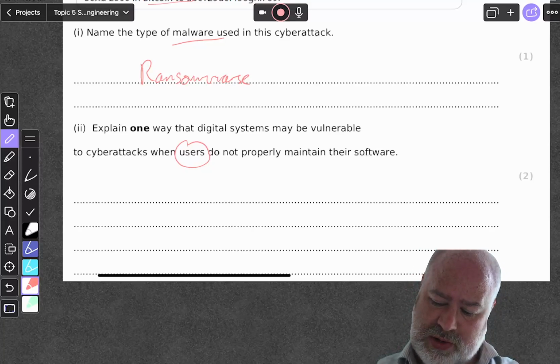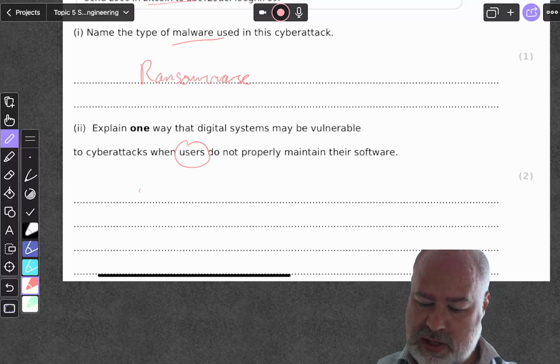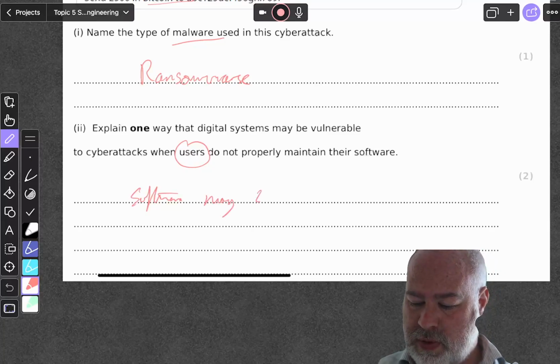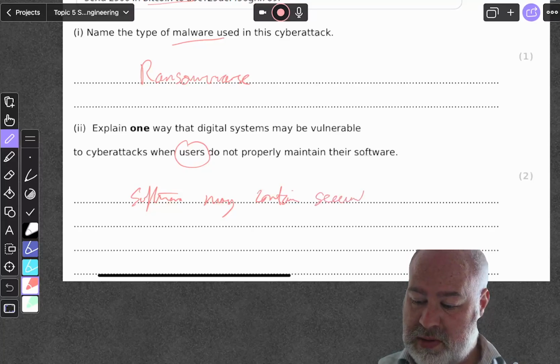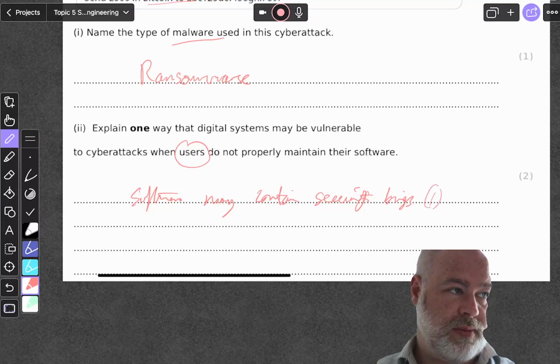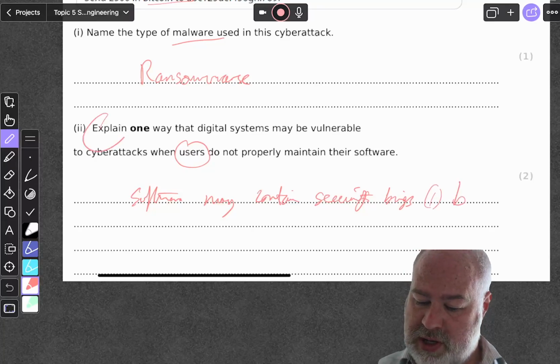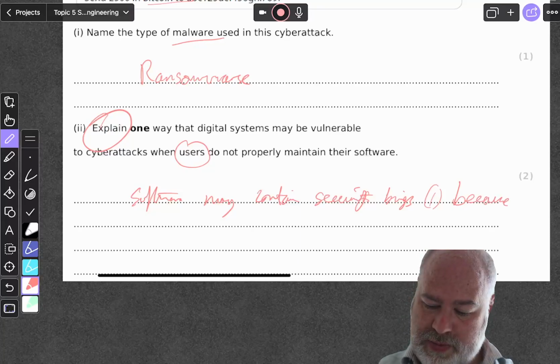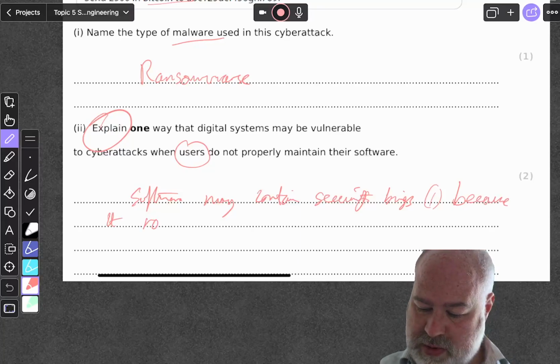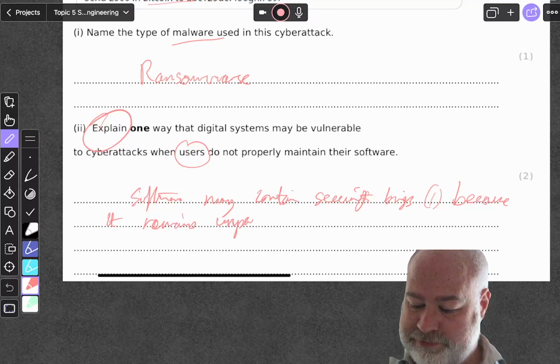One way that digital systems are vulnerable. So we could say software may contain security bugs. That's at least enough for a mark. Okay, because we've got an explain command word, because it remains unpatched.